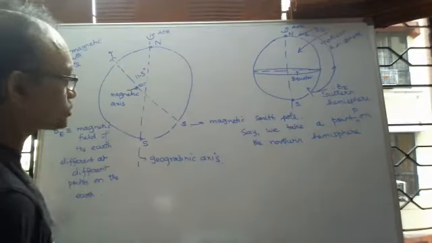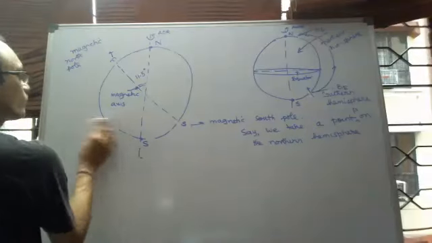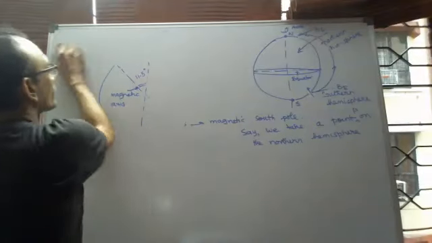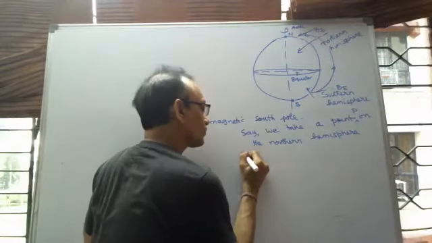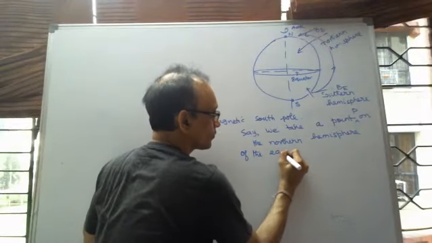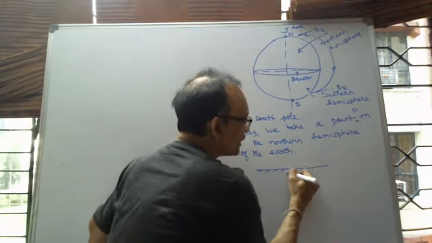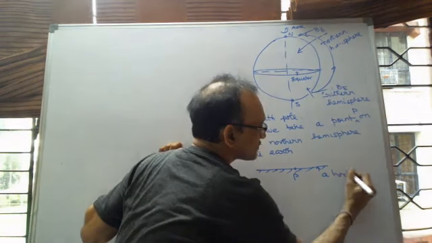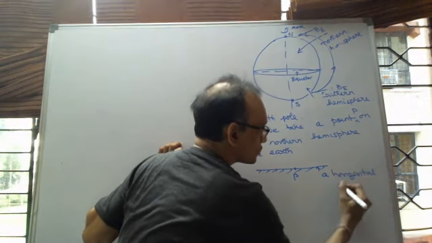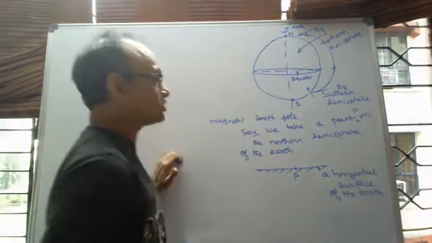This is the surface of the earth, the horizontal surface of the earth on the northern hemisphere, and P is a point on the northern hemisphere.